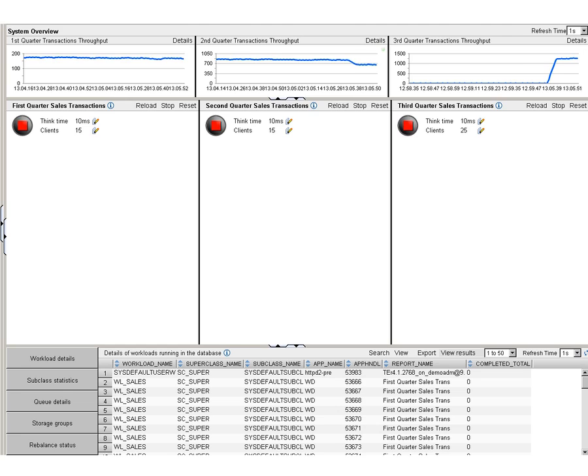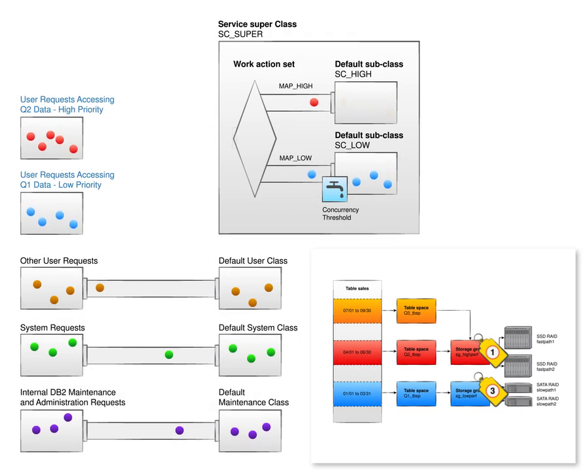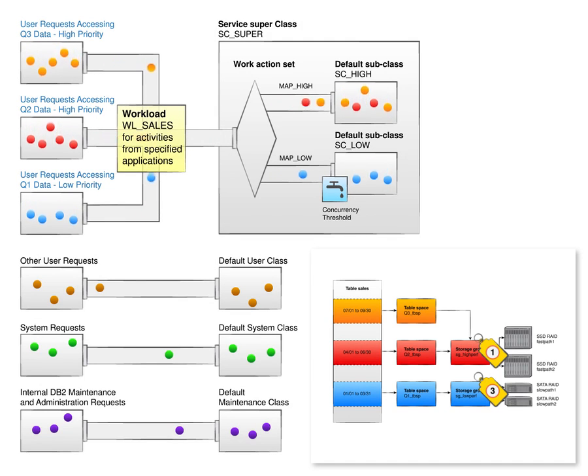The third quarter simulation will continue to run while we learn how easy it is to meet tier service level agreements. As illustrated here, third quarter data are stored in a storage group with a high priority data tag. At this point, both the second and third quarter transactions are running in a service subclass with no resource restrictions applied to it.